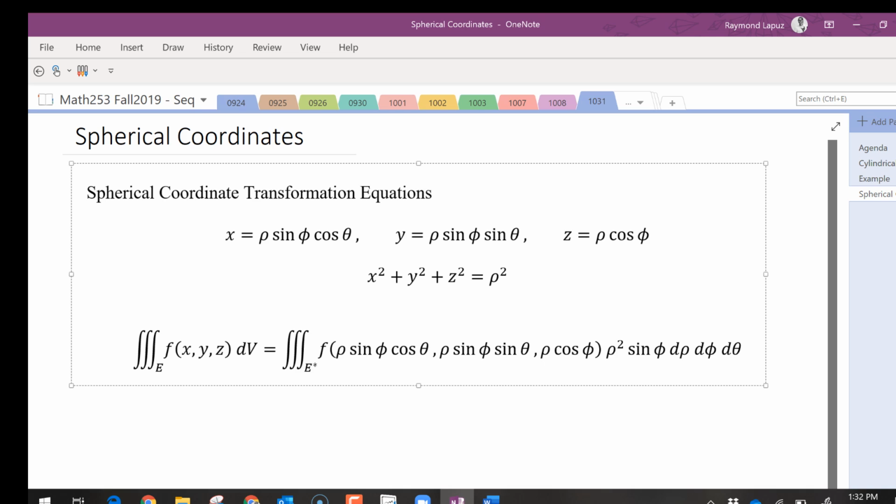So if you could just soak in these equations for a minute, and then we'll take a look at the graphics of it.